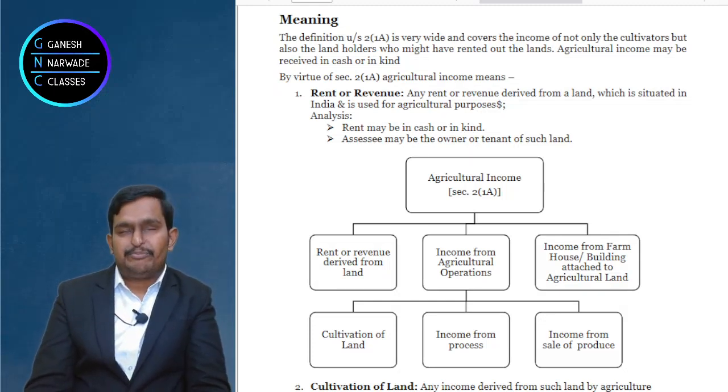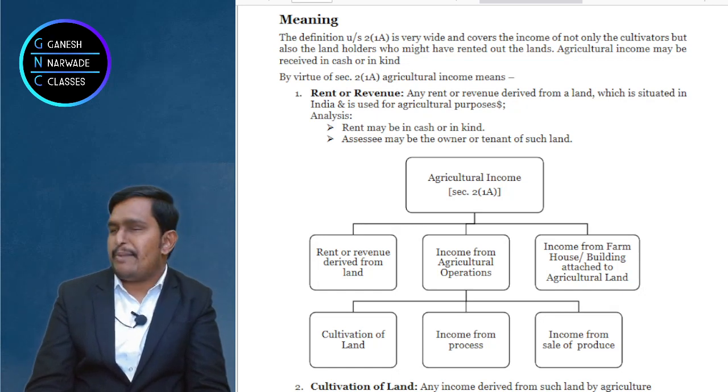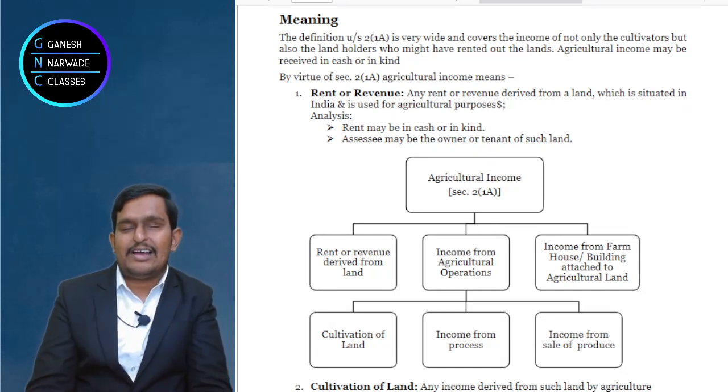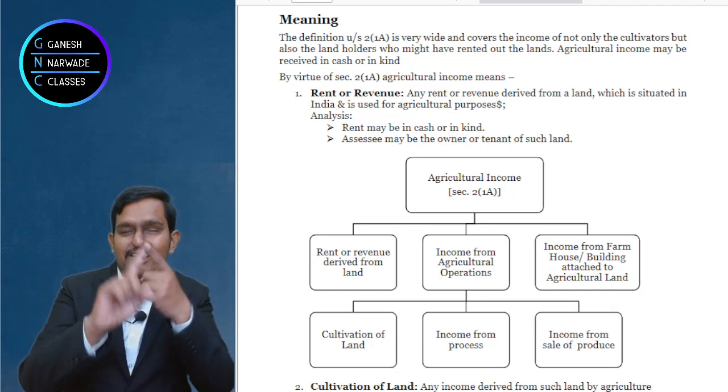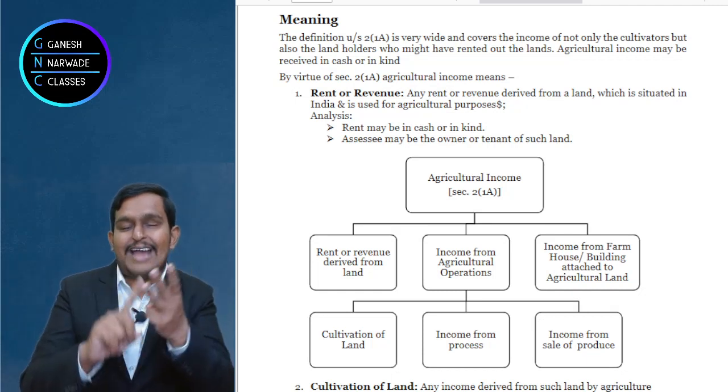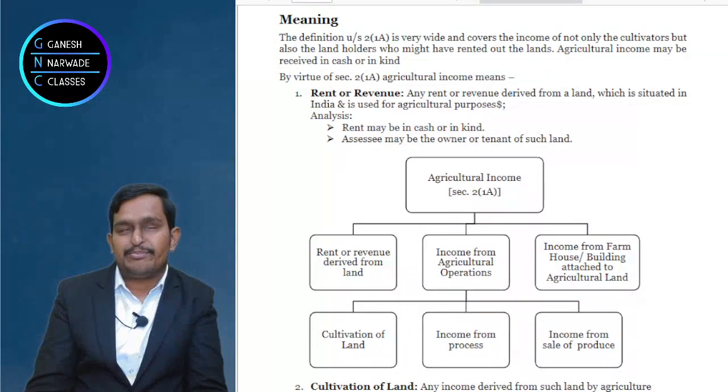So only on agricultural income, state government has the power to levy tax. Central government doesn't have the power to levy tax on agricultural income. State government has the power to levy tax on, impose tax on, charge tax on agricultural income. So when I say levy, impose, charge, all are one and the same.